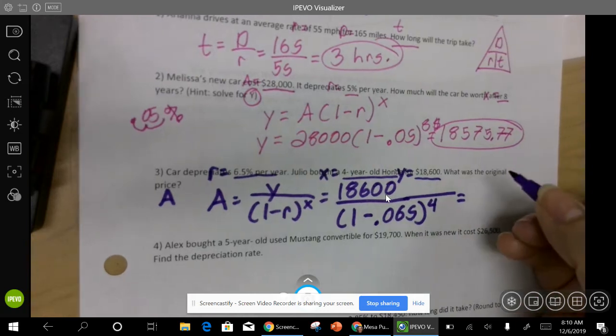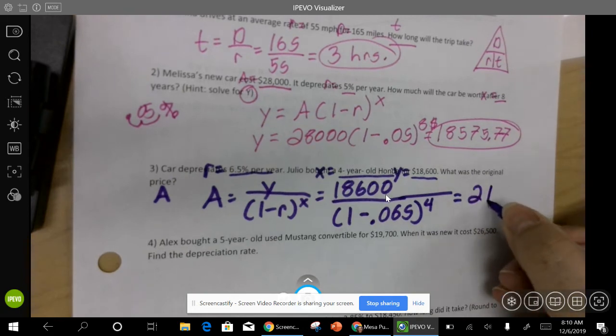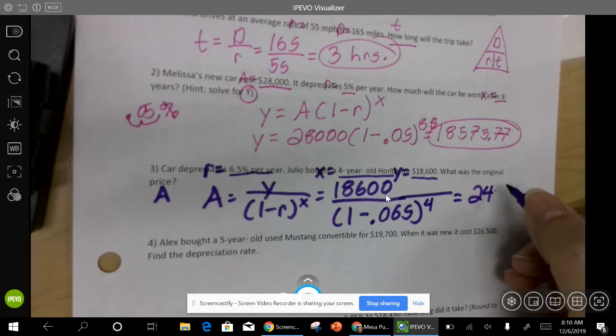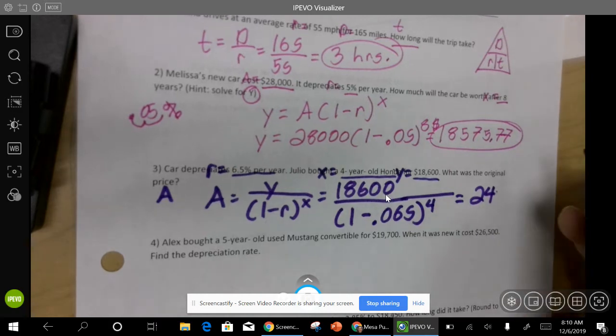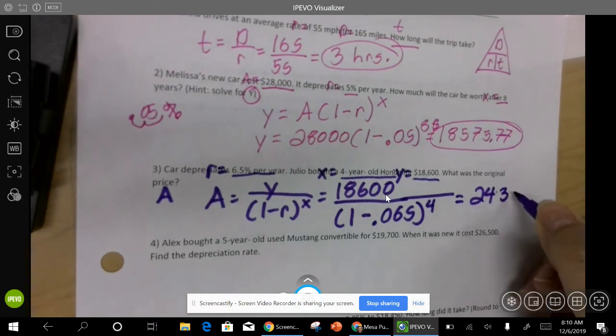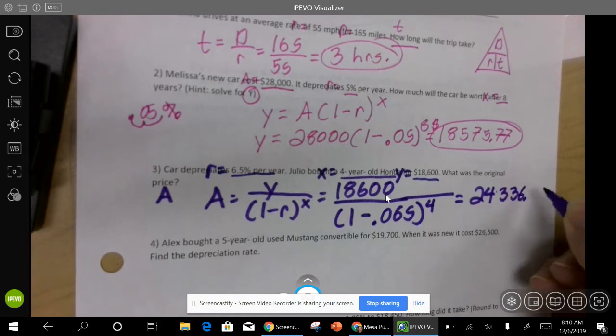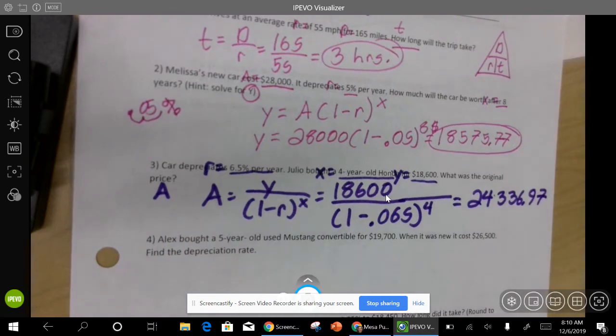Okay, and so the original price was $24,336.67.